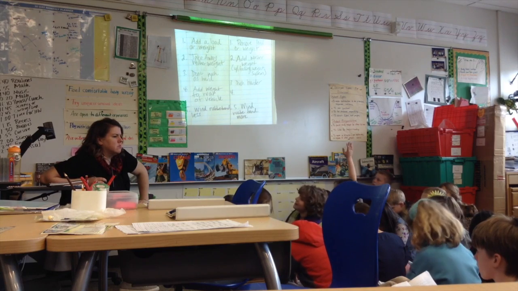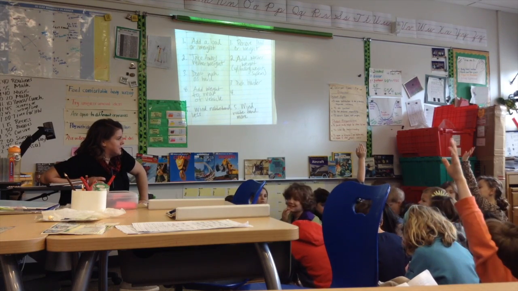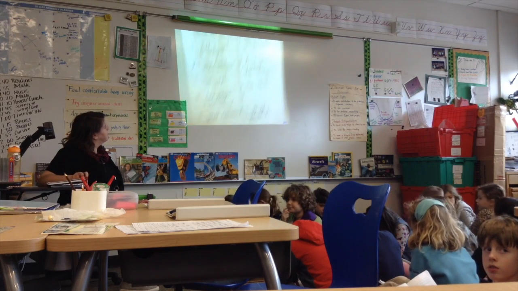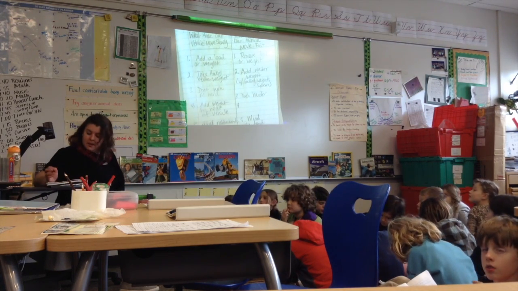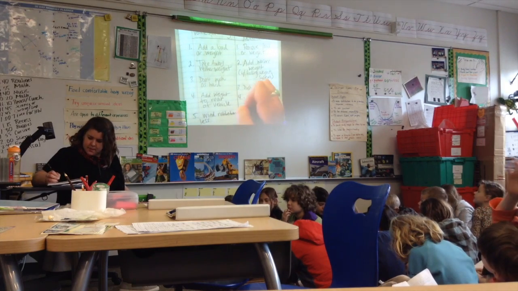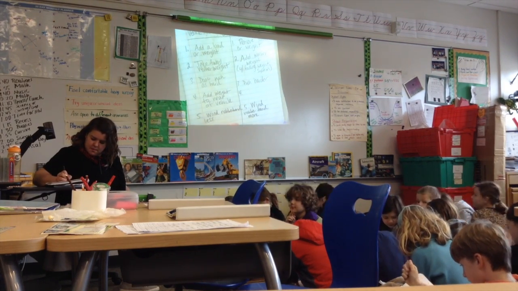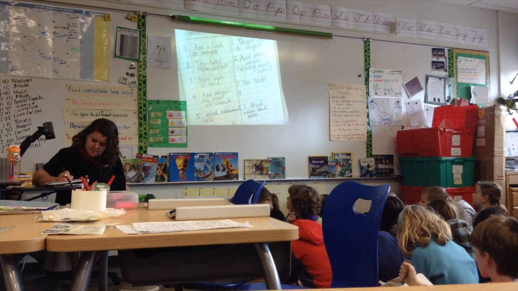Other ideas to increase or decrease the speed, Ainsley. To decrease the speed, build onto your vehicle. Ooh, build. What do you mean by that? To increase, you can take away parts of your vehicle.